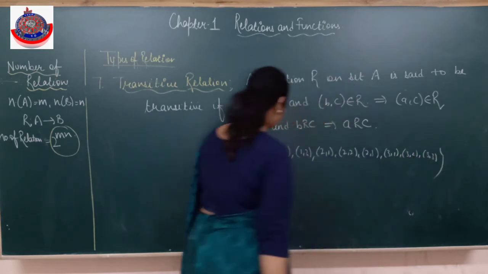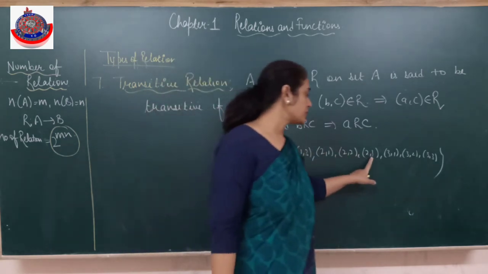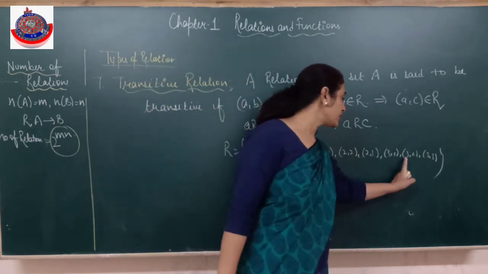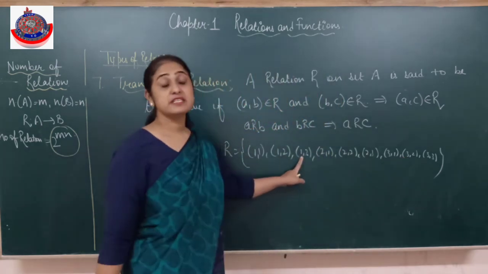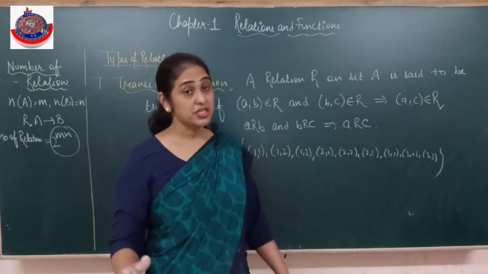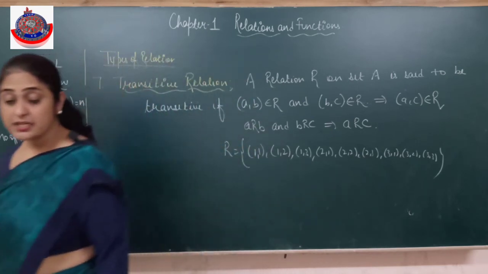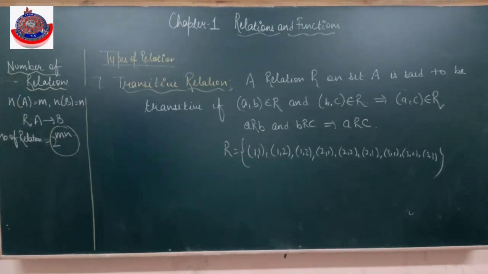For example, if 1 shares a relation with 2, and 2 shares the same relation with 3, and if 1 shares the same relation with 3, then we say it is transitive. The relation A shares with B, B shares with C, and if A and C also have the same relation, then we say it is a transitive relation. Is it clear?